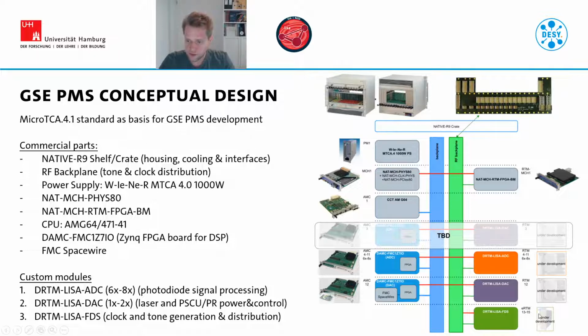Then here on the rear side, we have a number of modules that we're currently developing, actually 3 specific types: one called the ADC module, one DAC module, and one FDS module. I will tell you more about the development status of these in a moment. And this is basically just an overview for you. If you're interested in the system, this is roughly how it will be assembled in the end.